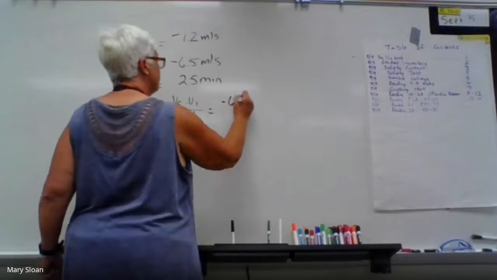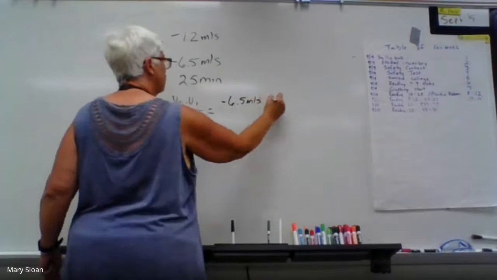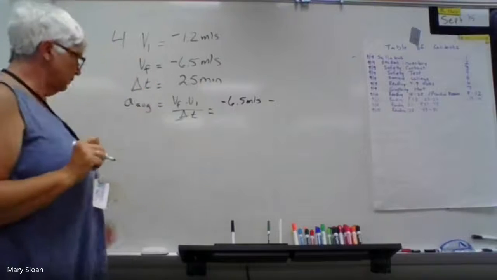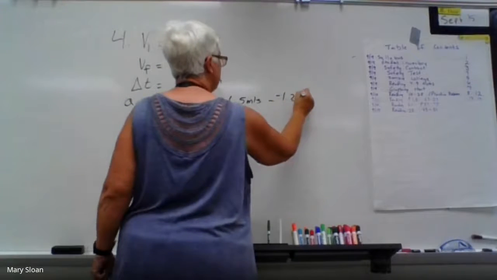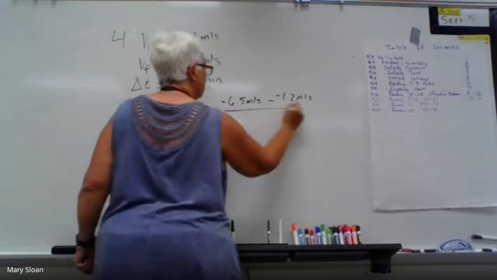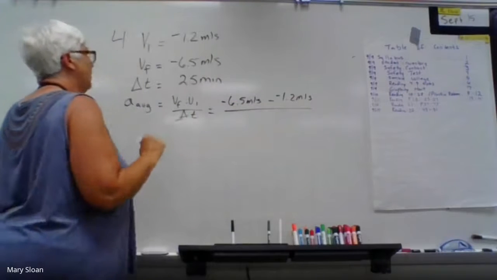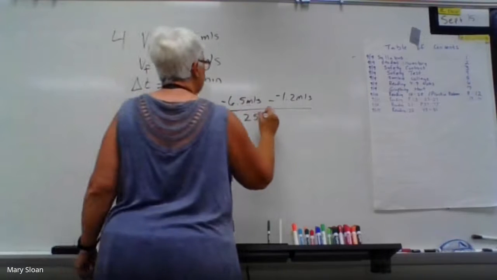Plug it in the calculator. Not yet. So you got your negative 6.5, subtract negative 1.2 meters per second, and you're going to divide that by 25 minutes.